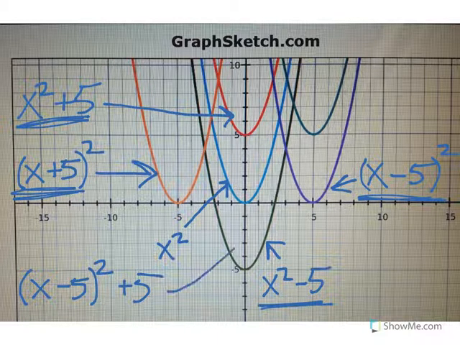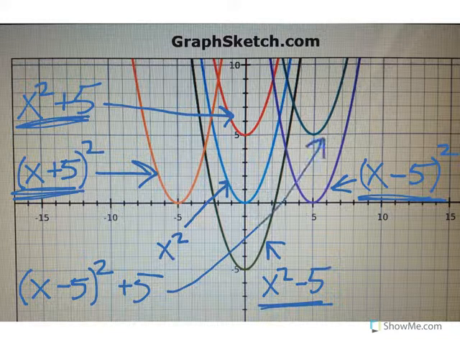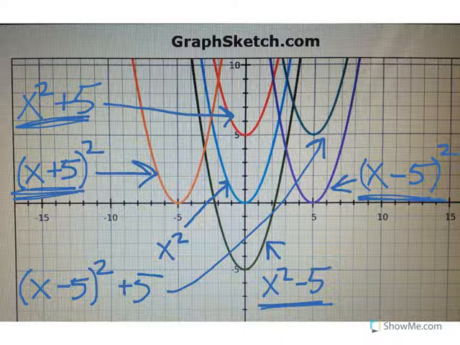And that's this one right there. So it did both. It went to the right 5 and up 5. And that's the situation you have here on number 2. You're doing both things. You're adding in the parentheses, and then you're subtracting outside the parentheses.